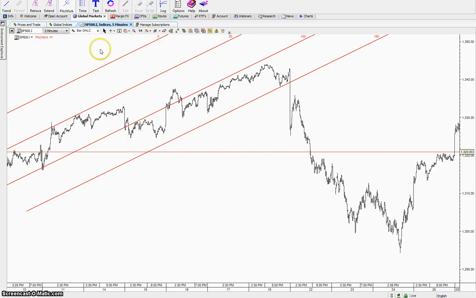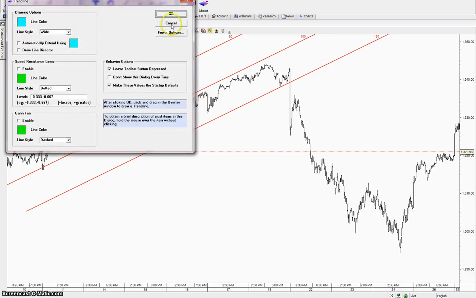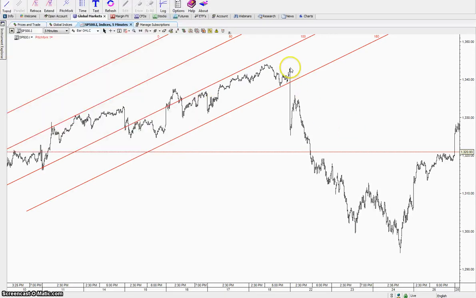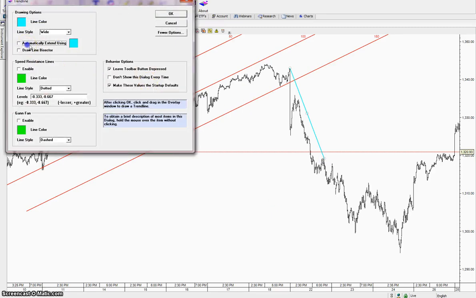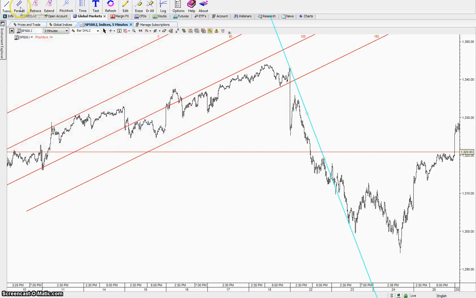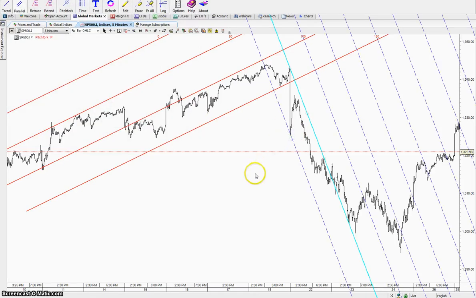Get rid of all of those extra lines. We just use a line and go for the multi-pivot point. Yeah, that's probably good enough there. We'll just edit that one, do the extensions, get a parallel, take the outside. That's my channel going down there.